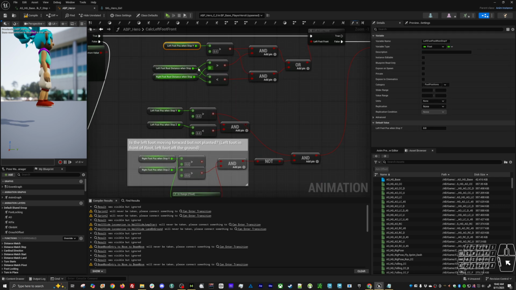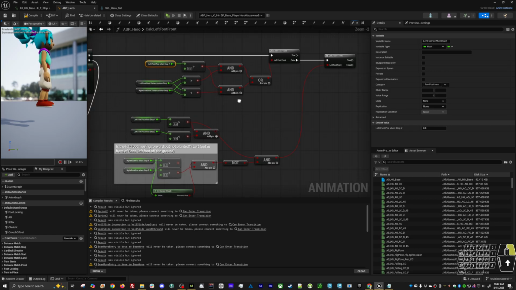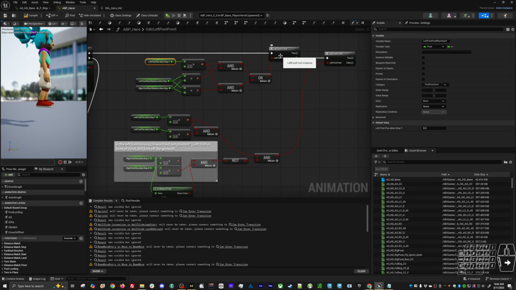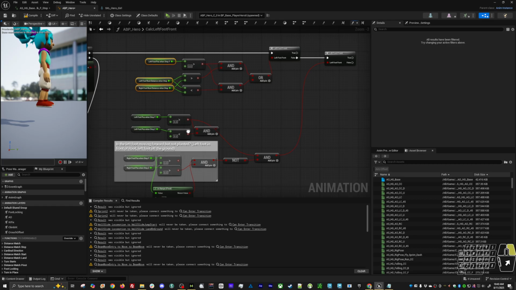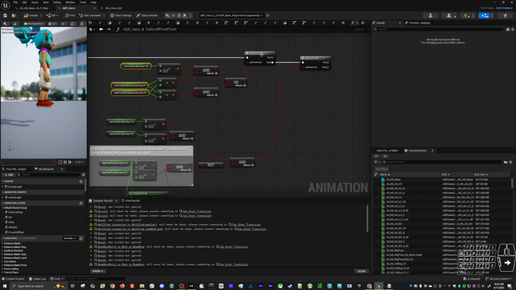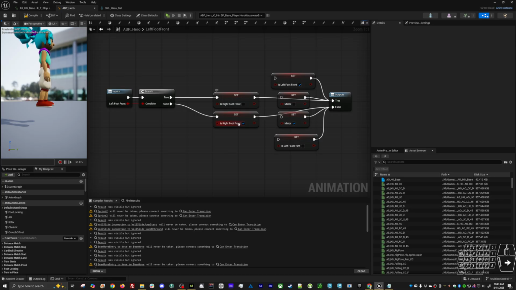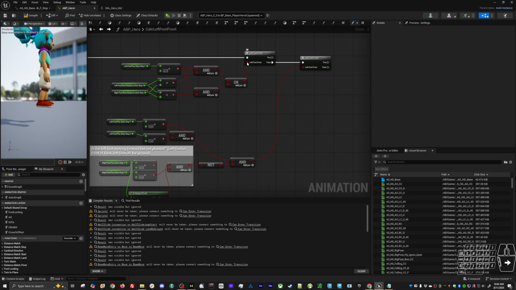Left foot gets our Y position, so we basically have reversed everything. If we were checking the left foot before, now we're checking the right foot. And we reversed our bools here also. We're saying left foot is front, false.